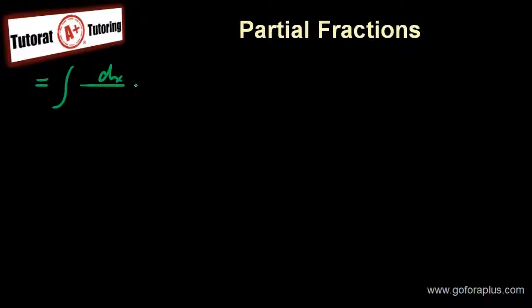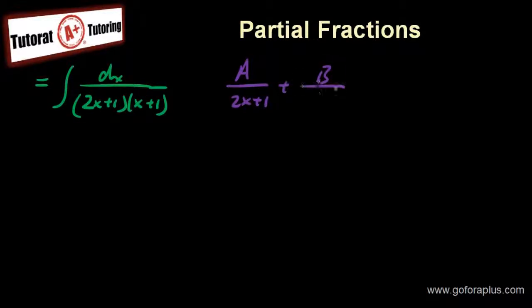So I have dx over 2x plus 1 and then x plus 1. Now to write it into partial fractions, I have to make it into A over 2x plus 1 plus B over x plus 1. So this is basically equal to my fraction here, 2x plus 1 and then x plus 1.